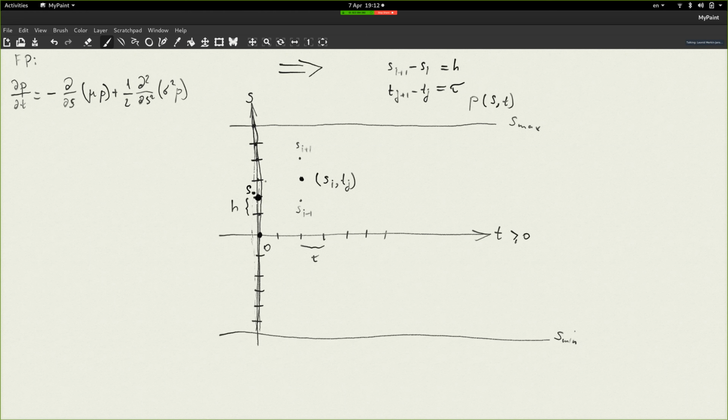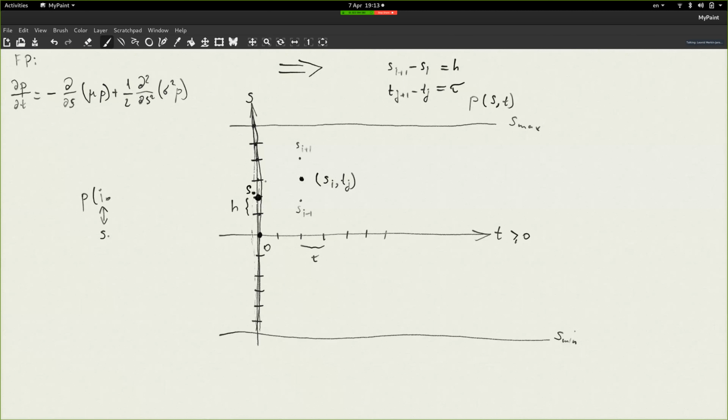What we'll do is a slightly different thing. We would say that in this particular point, where the solution should be infinity, it wouldn't be infinity. Instead, we would take P in some point I0, which corresponds to the initial value S0, and t equal to 0, on this grid numerically.